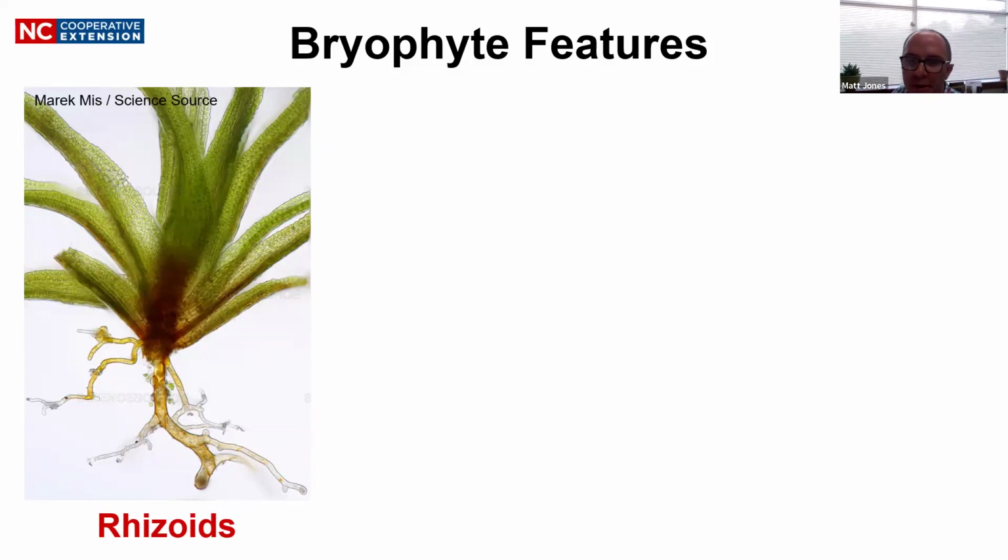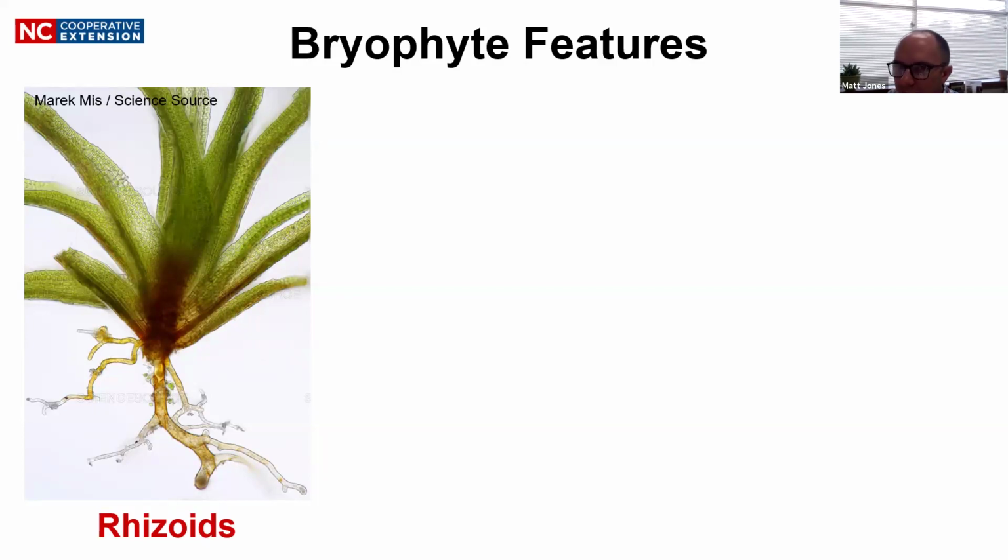Instead, all of the movement of water is just from cell to cell, and it's mainly used for anchorage. Mosses have multicellular rhizoids, whereas hornworts and liverworts just have unicellular, one layer thick rhizoids.